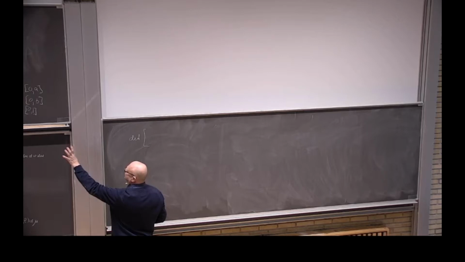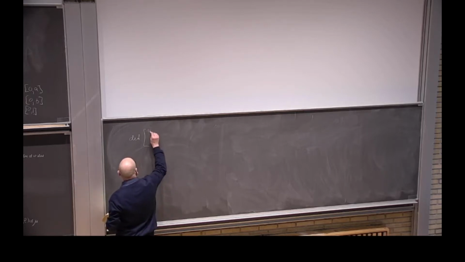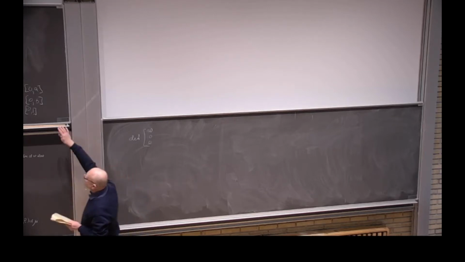So I differentiate with respect to u, and I get a w here. The second and third coordinates don't depend on u, so I get 0 here and here. Then I differentiate with respect to, just correct this.